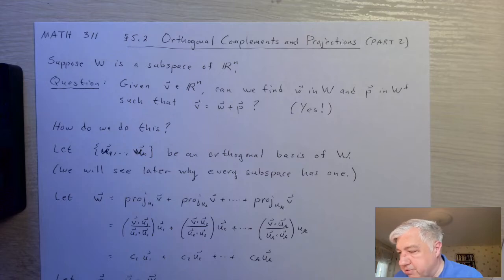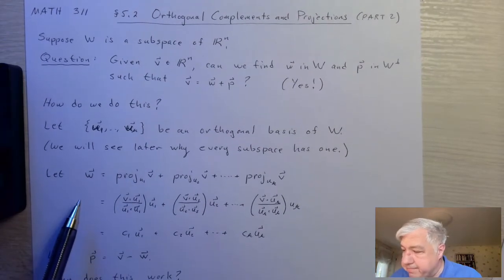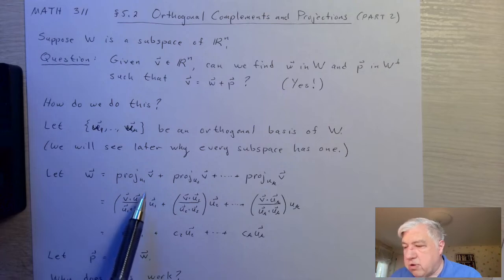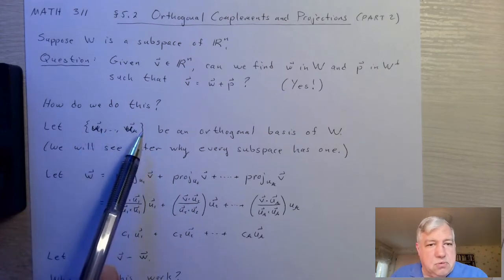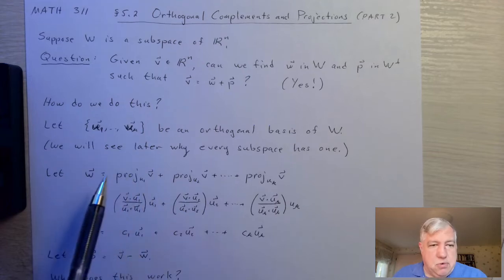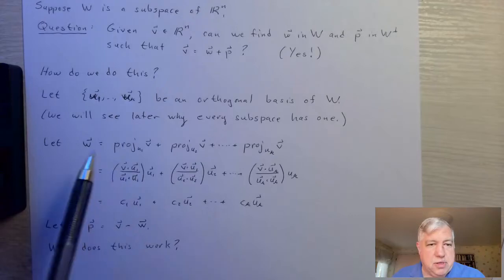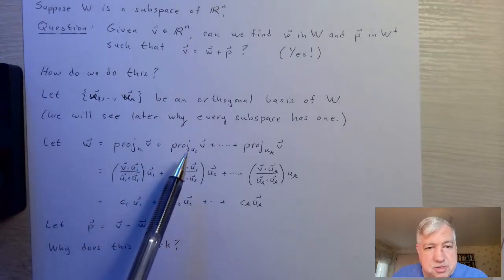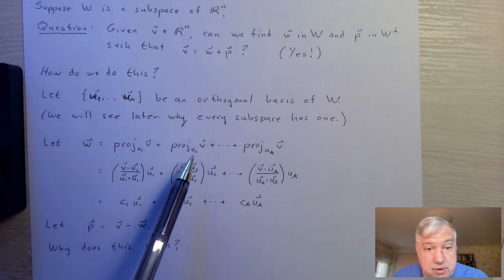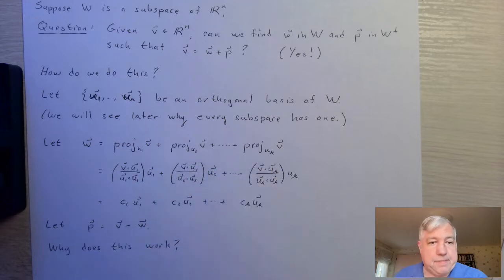We're going to take V and project it onto each vector in this orthogonal basis. We're going to let w be the sum of all these projections: the projection of V onto U1, plus the projection of V onto U2, and so on up to the projection of V onto UK.